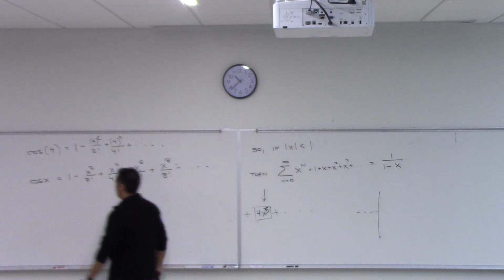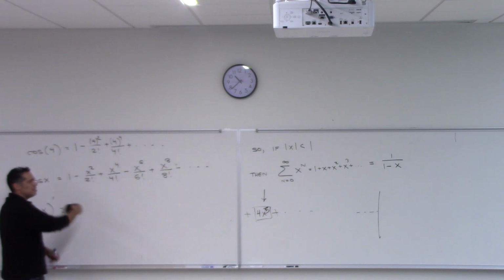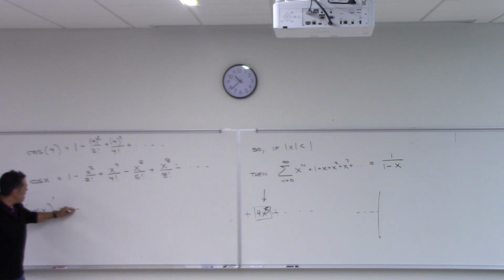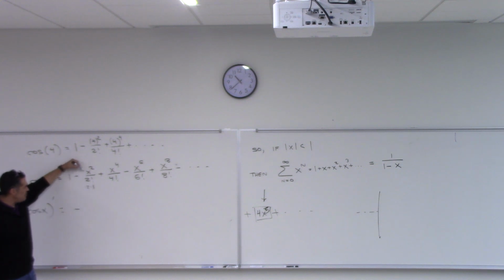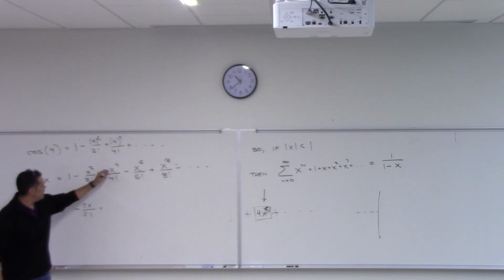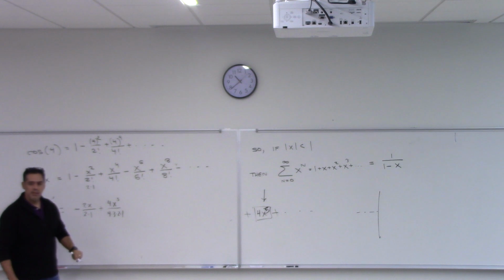Let's take the derivative. How do you take the derivative of a series? The beauty is that it's just add and subtract. What's the derivative of 1? Be careful on this one. Minus, this is 2 factorial, that's 2 times 1. Do your power rule. 2 comes out: 2x over 2 times 1. I'll clean it up in a second. Next one, plus 4x cubed over 4 times 3 times 2 times 1.